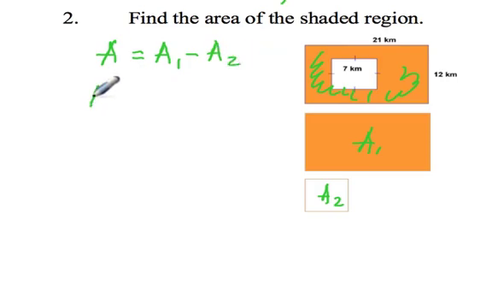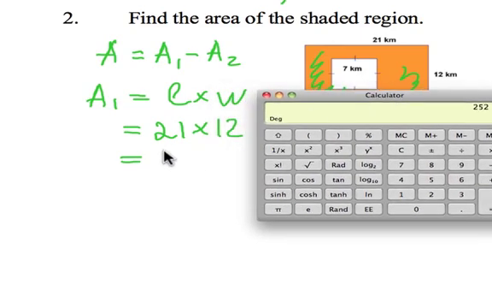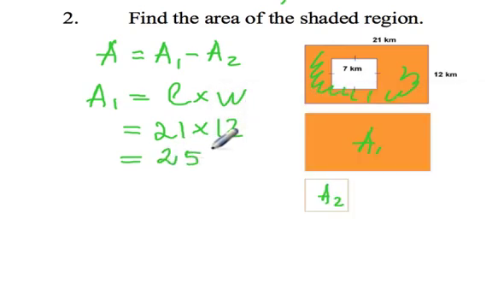To calculate area 1, we have the length 21 kilometers and width is 12. So length times width equals 21 times 12 equals 252. And here we have an area, so it's measured in units squared.